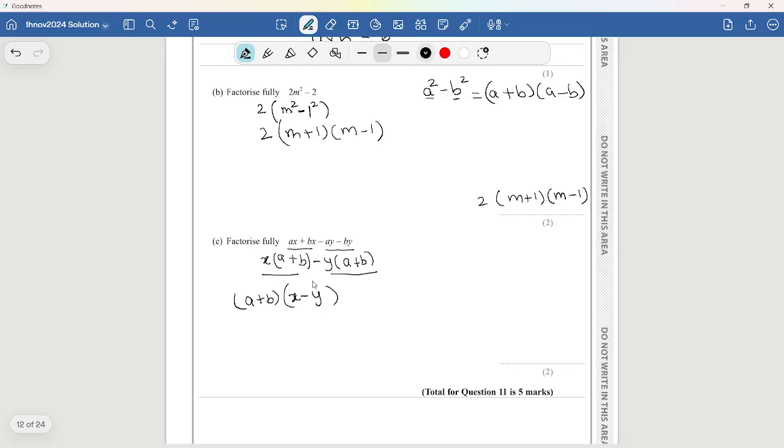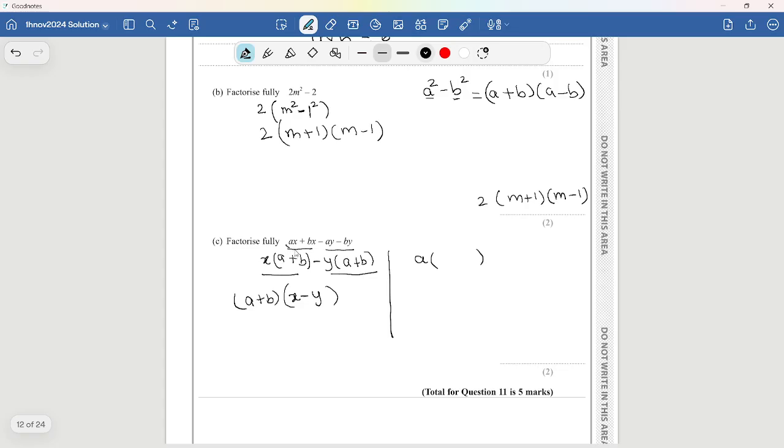This is one way of doing it. We can do it alternately, with a slightly different approach. It's the same thing, but just the letters which you are taking as common can be slightly varied here. Instead of taking x as common, if I take the letter a as common from this expression, then what goes inside the parenthesis?